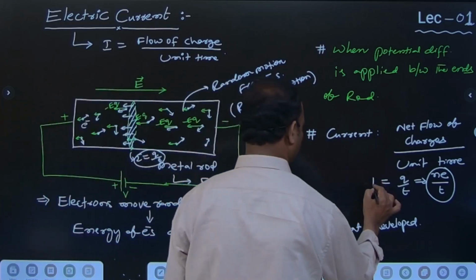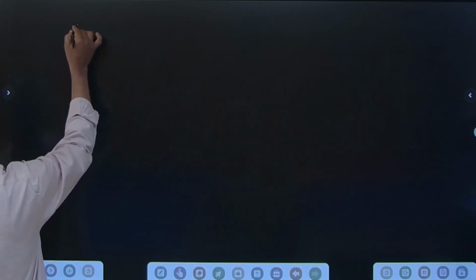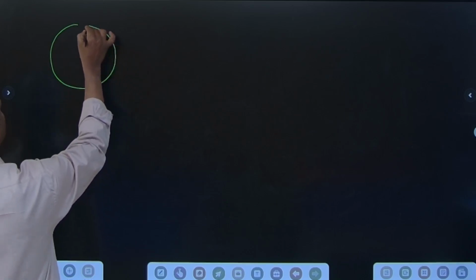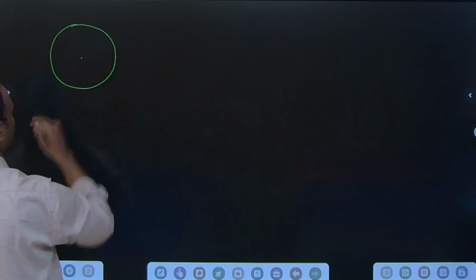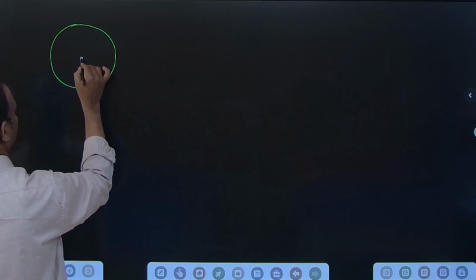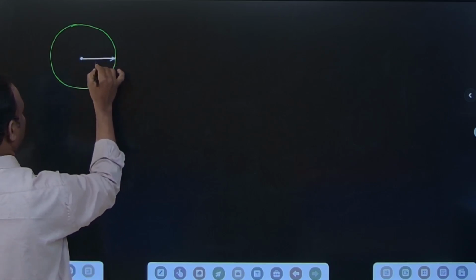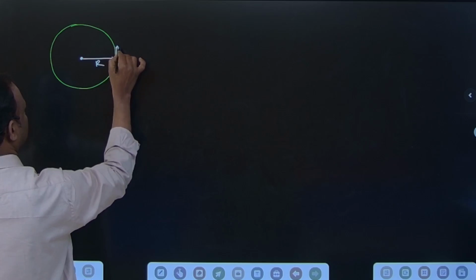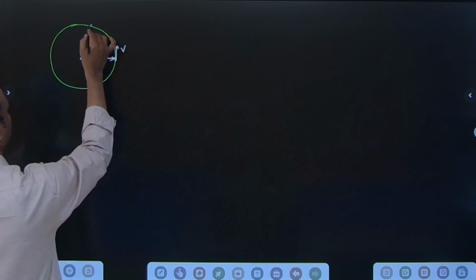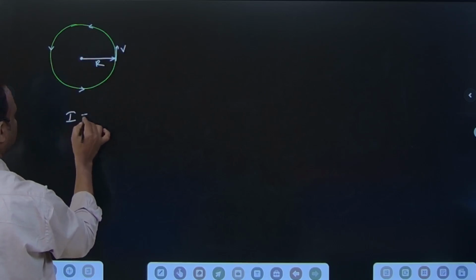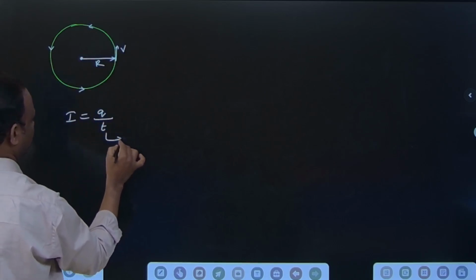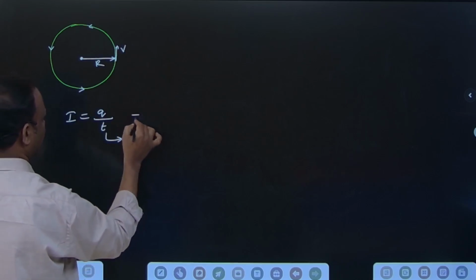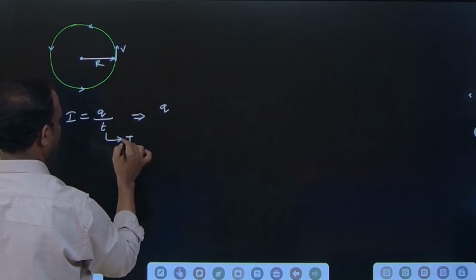When a charged particle is moving in a circular path of radius r with velocity v, the current I is equal to net flow Q by the time taken. The time taken is the capital T, the time period.